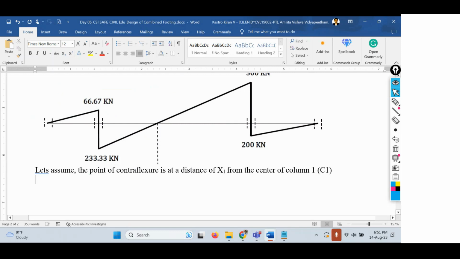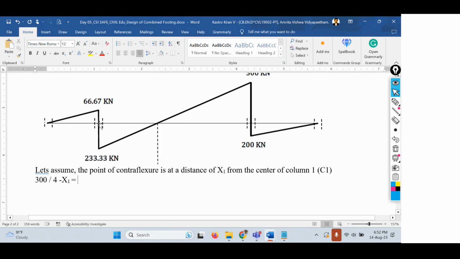What is the total load on column 1? 300 kilonewtons. So 300 divided by 4 minus x1 equals, I hope you understand this calculation, 300 is the load coming from column 1, equals the shear force at B, which is 233.34.